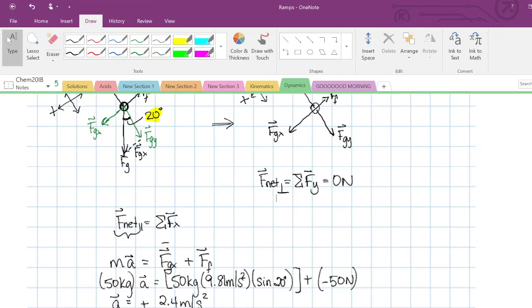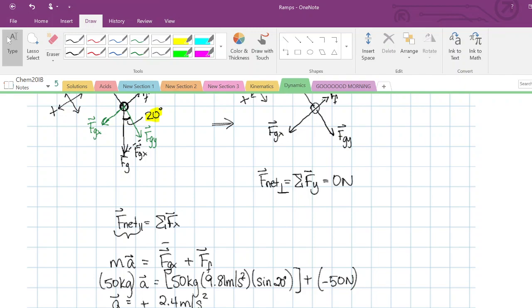I don't know specifically what this force gravity parallel is, but I do know the mass of the object. I know gravity, and I know that because force gravity parallel is opposite the angle, remember SOHCAHTOA, sine is opposite over the hypotenuse.